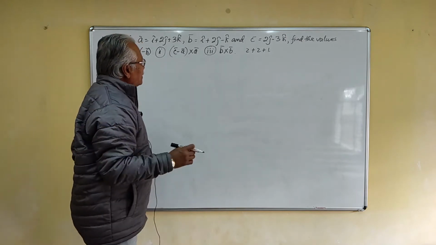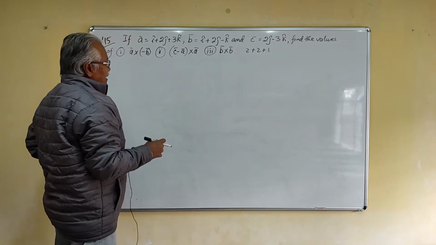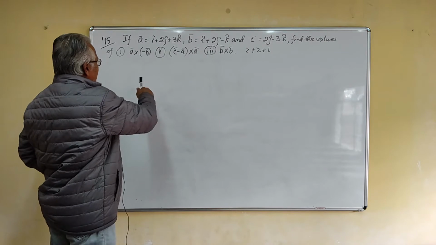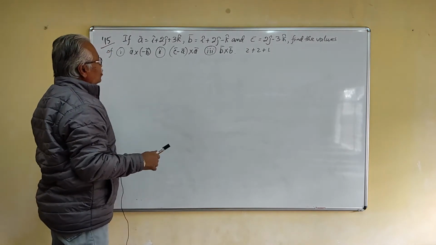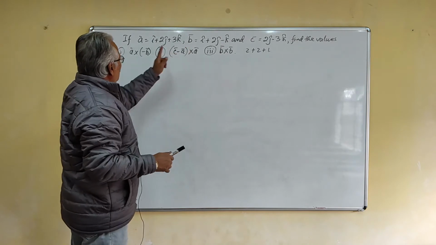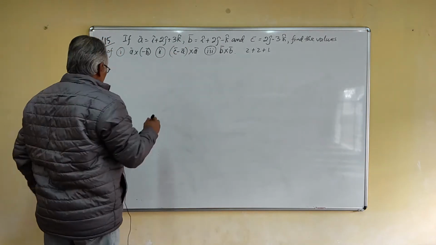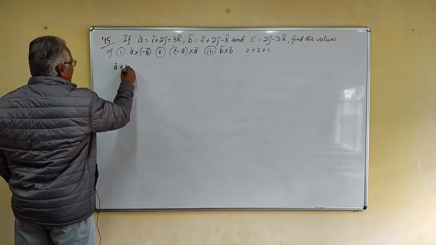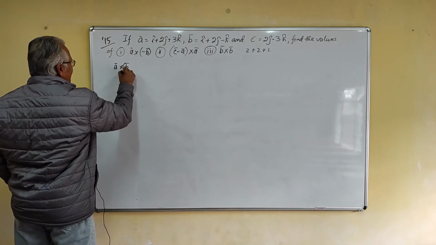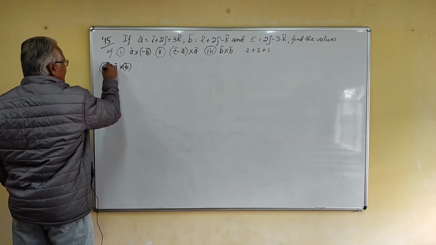All right. Now, how will you attack the problem? The first question is to find out the cross product of A and minus B. We know the value of B, so minus B will be what? A cross minus B, number one.